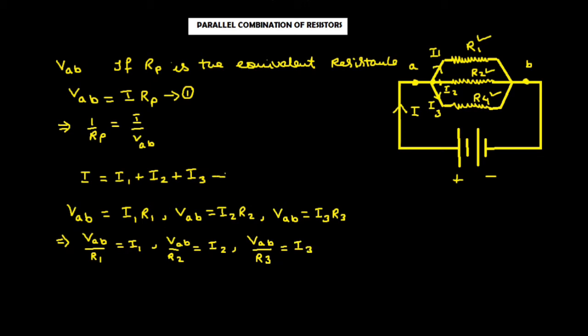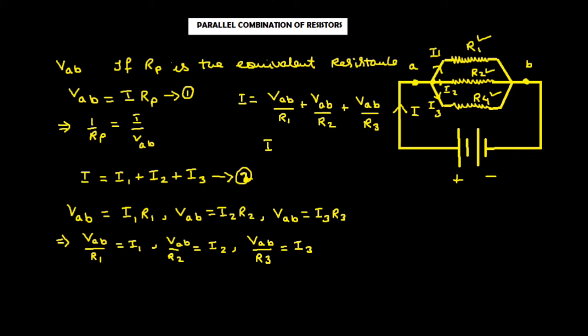If we substitute these values of I1, I2 and I3 in equation 2, I is equal to VAB divided by R1 plus VAB divided by R2 plus VAB divided by R3.